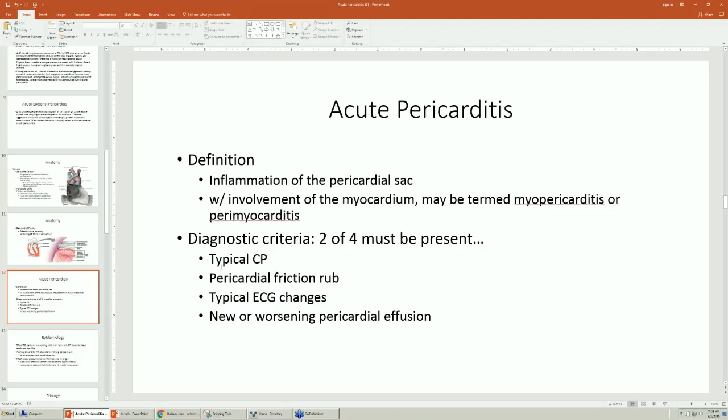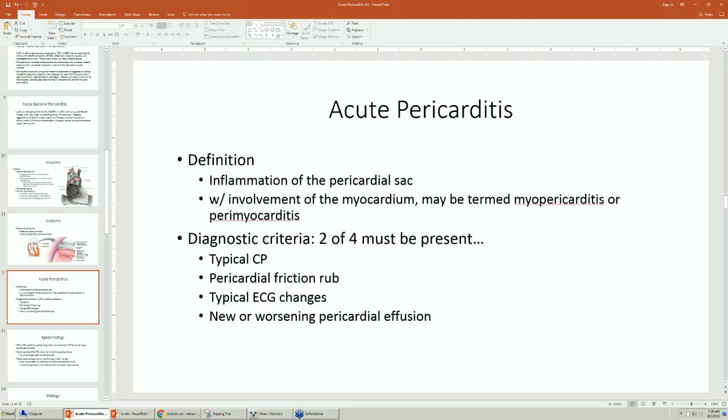Diagnostic criteria: typical chest pain, which we'll talk about in a minute, pericardial friction rub, which is that creaking leather type sound that I talked about, typical EKG changes, which will show diffuse ST segment elevation across multiple coronary regions.